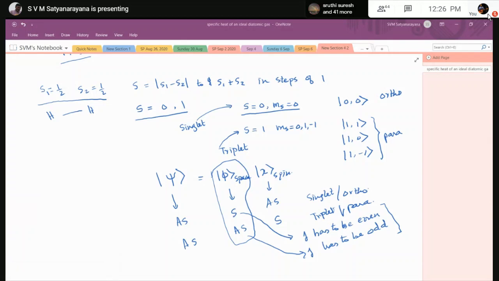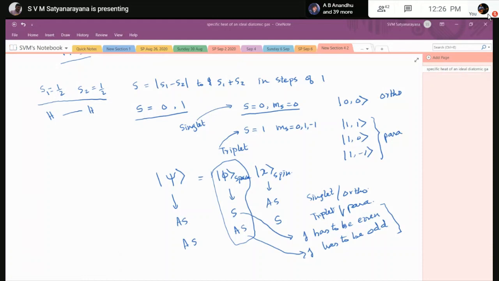Sir, the hydrogen molecule, is it a boson or a fermion? Hydrogen molecule, whether it is a fermion or a boson, depends on at what level you are asking this question.